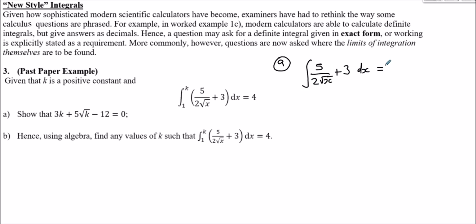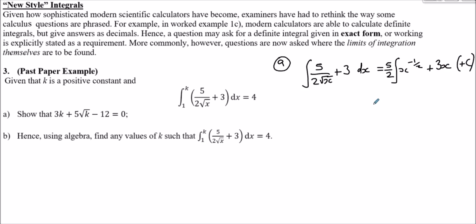Partitioning it out, 5 over 2, or 2.5, is just a constant, so I'm going to say that's 5 over 2 on the outside. 1 over root x is the same as x to the minus a half. And of course, if I integrate 3, that's just going to give me 3x, plus c.